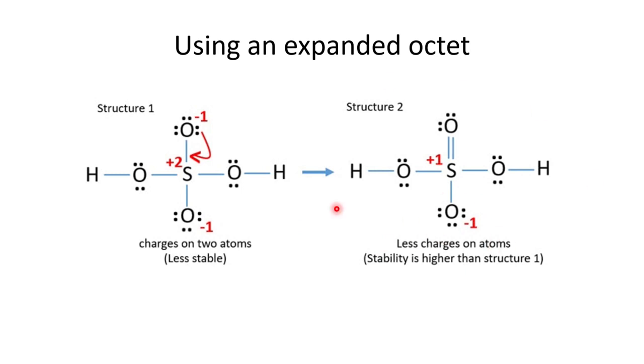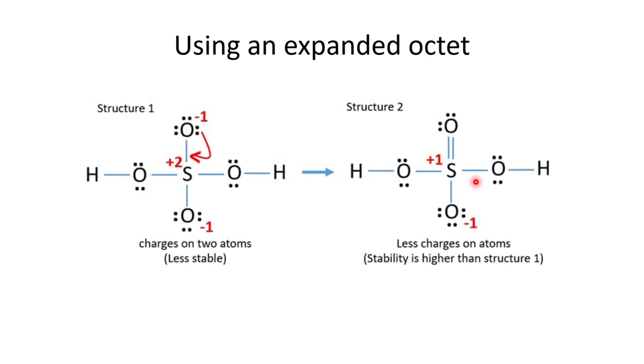So this structure is slightly more stable. Experimentally, we do see that there is some double bond character of this. It's not quite full double bond, but it's pretty close to having a double bond. So this is experimental evidence that sulfur can handle an expanded octet.